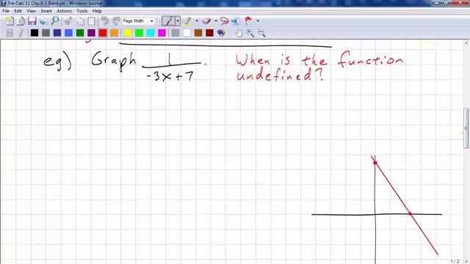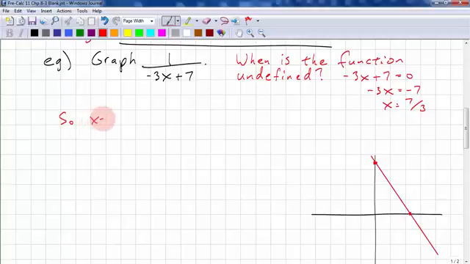So we're going to do this analytically. Graph 1 over negative 3x plus 7. We need to find out where the function is undefined. So we have negative 3x plus 7 equals 0. So we're looking for zeros again. Negative 3x equals negative 7, x equals 7 over 3.